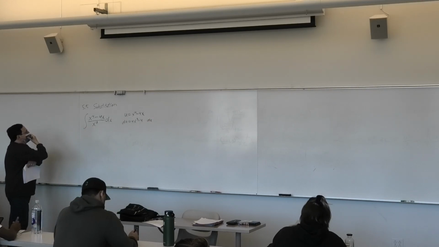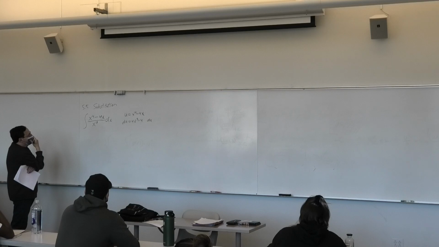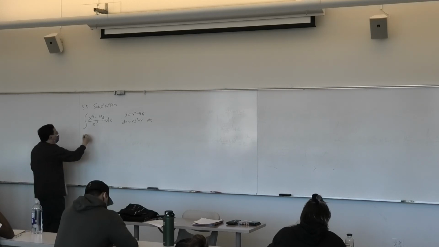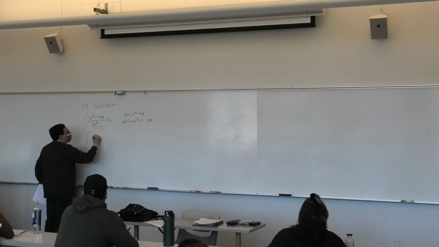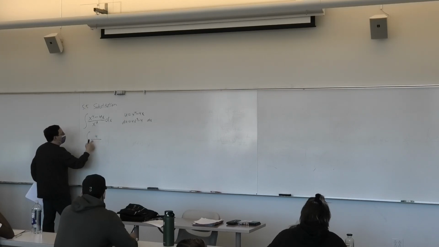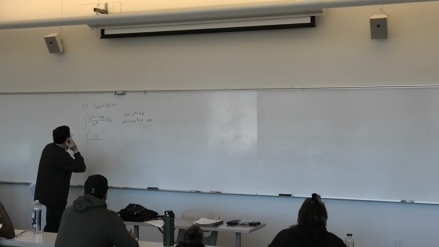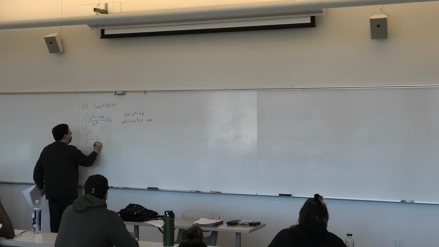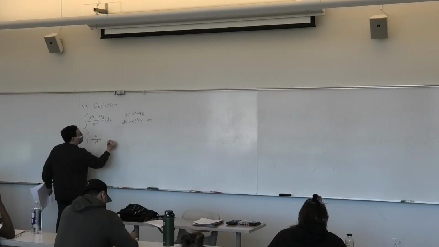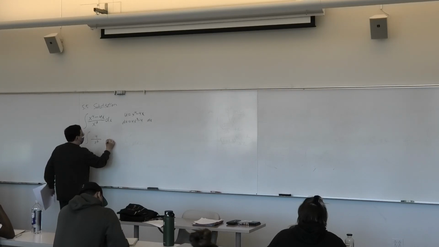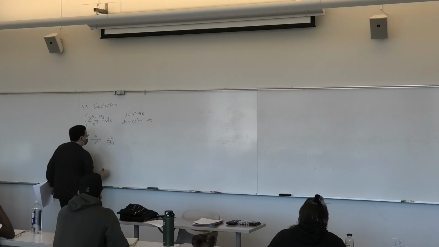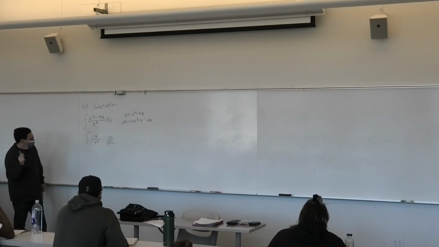And then I got dx equals du divided by 4x to the third minus 4. And then that's where I was at. Okay.